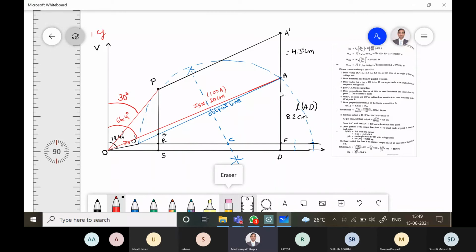So these are the losses, that is AD, here to here, and here to here is the output, right?